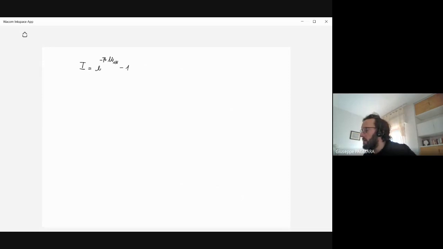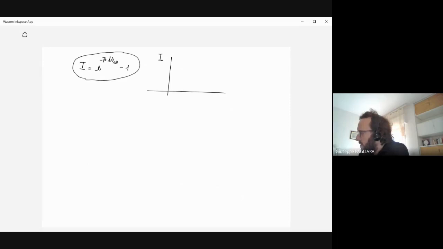So let's analyze each of these terms and see how this function behaves as a function of r. So let's make a plot. I, as a function of r, has the following behavior. This is a function of r, which in this case is the modulus of r_i minus r_n.